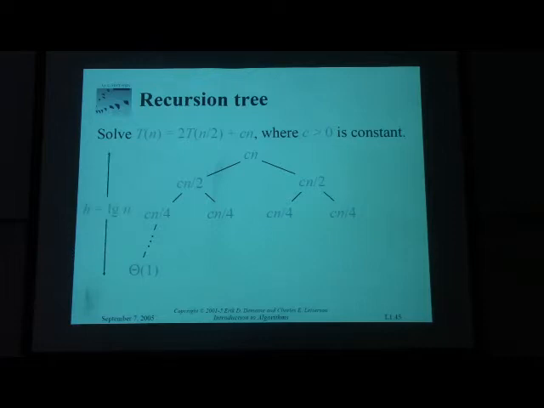Okay, so the height here is going to be log n. Log n, right? And now what we're going to do is our summing on the right-hand side, so we can see there's Cn here on level 0, a total of Cn on level 1, and a total of Cn at every level. It's constant, okay? So what we want to find out is how much work is being done. Well, we know the number of leaves is going to be n, because each of them does unity work. So n times 1 is n. That's our theta n. Again, the C is just to make you feel good.